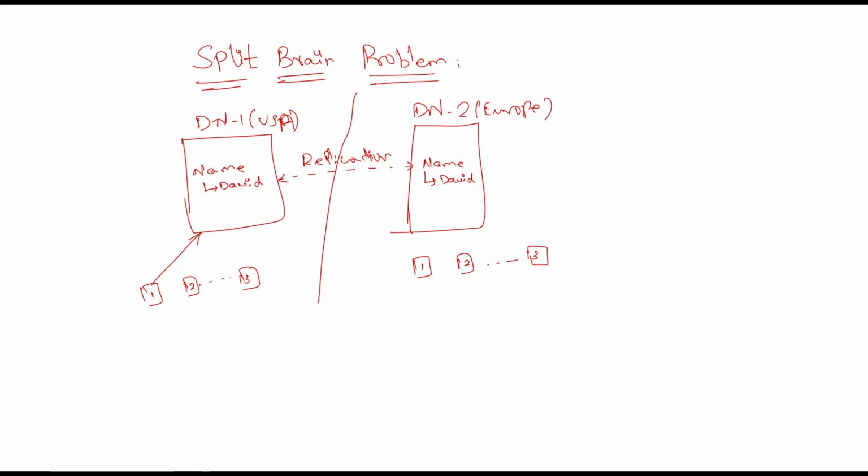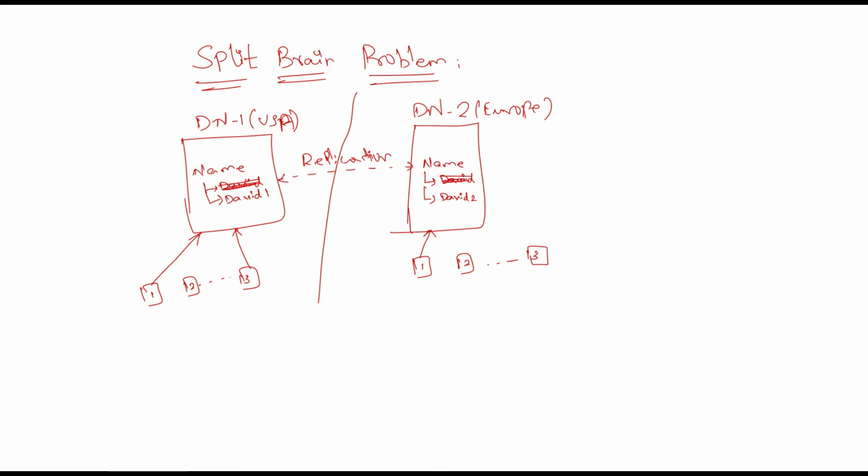Now let's consider user 3 changes the value from David to David 1, and the old value is gone and the new value is David 1. And here user 1 updates the same record with David 2.